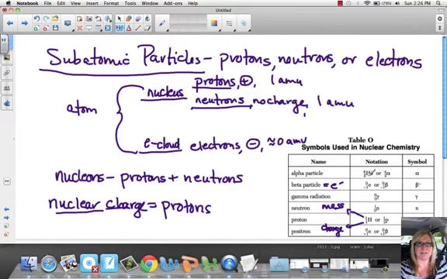Here are the alpha particles. You can see that this is a helium nucleus, or it could be written like this. They are positively charged. How do I know? Because this plus 2 is the charge, and it has a mass of 4. These other ones we will talk about when we get to nuclear chemistry.